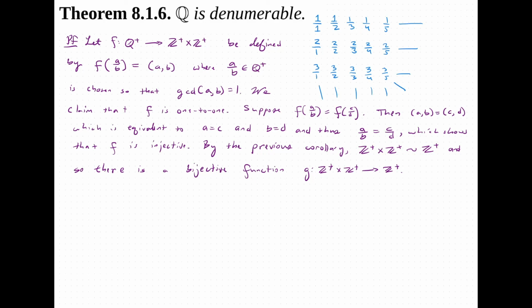And so consequently, the composition where we take g composed with f, going from the positive rational numbers to the positive integers, is a one-to-one function.